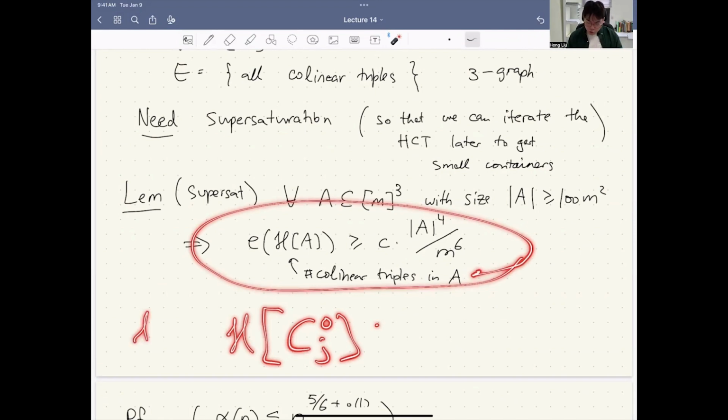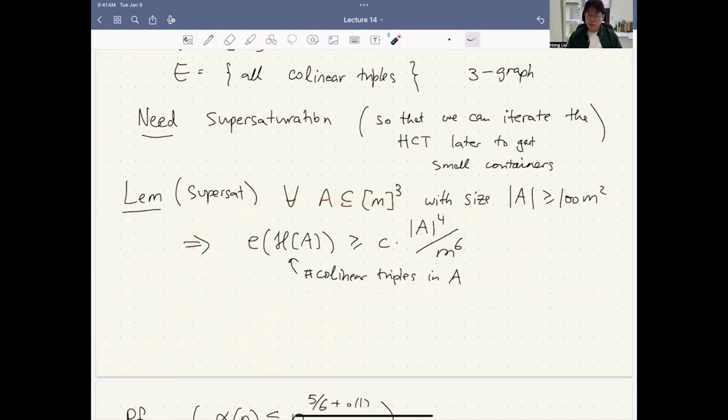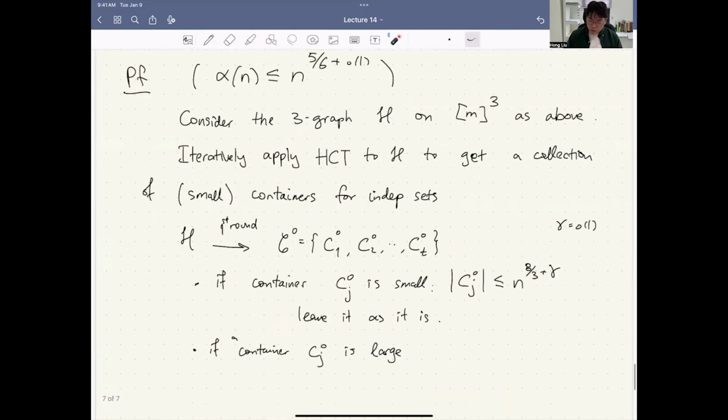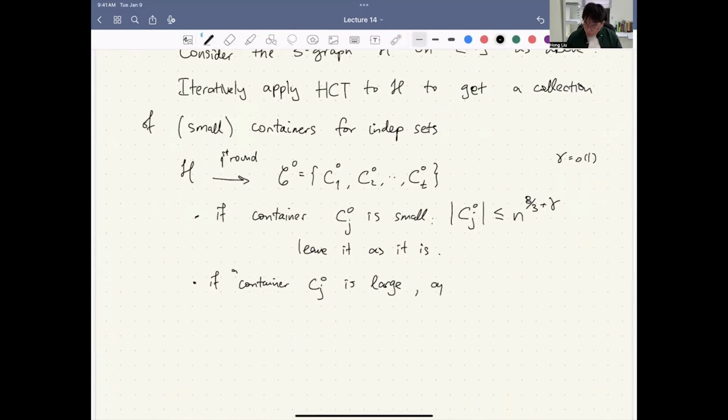Then for this new hypergraph, we apply the container theorem again. This is what we mean by iteration. Apply the hypergraph container theorem again to the subhypergraph H induced on C_{j,0}.